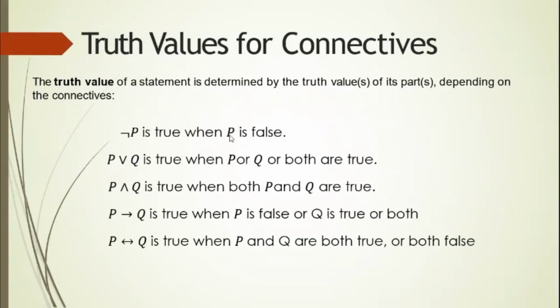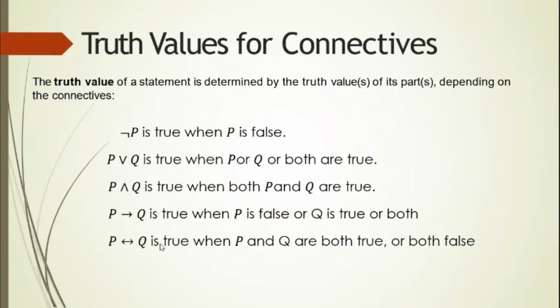P or Q will be true when both are true. P and Q is true when both P and Q are true. If P then Q is true when P is false and Q is true, or both.